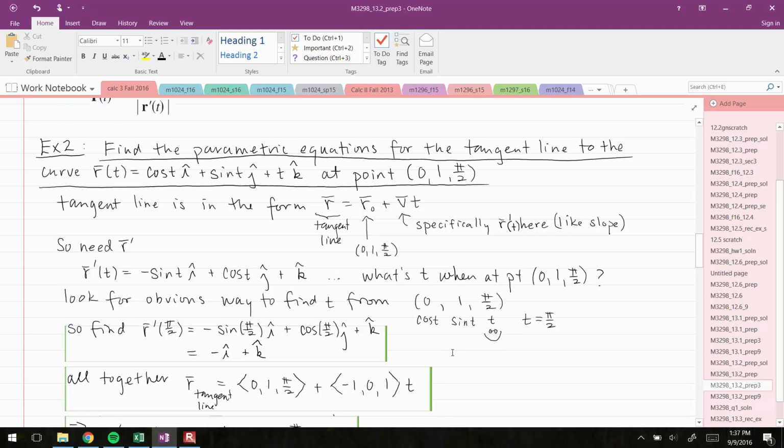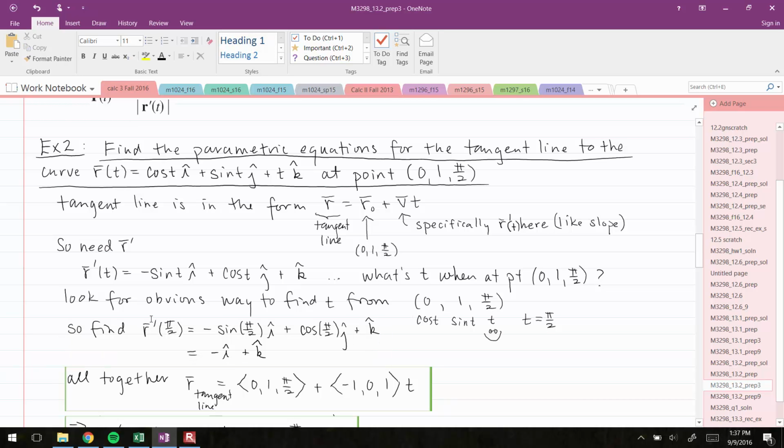Notice the x component is cosine t, second is sine t, and then our z is t. So when we're given this point for this specific vector function, we're just being told that t is pi over 2. So it's not actually a mystery anymore.